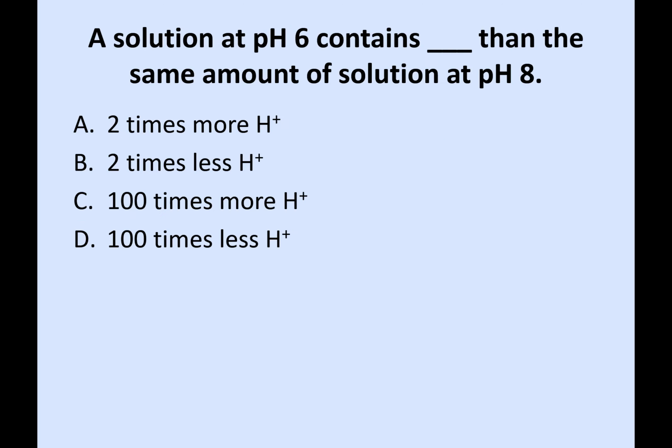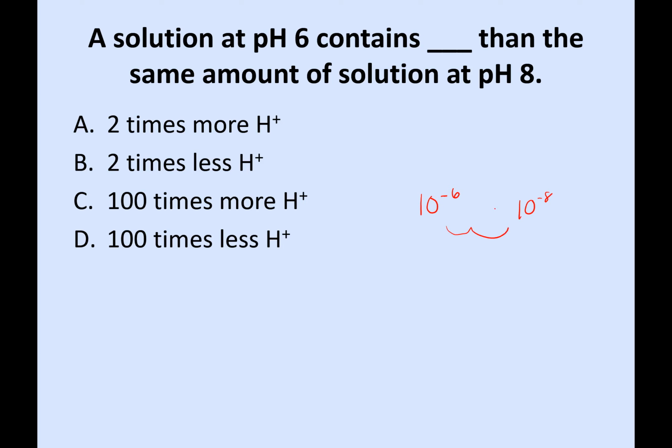Okay, a solution at pH 6 contains blank, then the same amount of solution at pH 8. So how does the hydrogen ion concentration change between these two pH solutions? So we have 10 to the minus 6 compared to 10 to the minus 8.